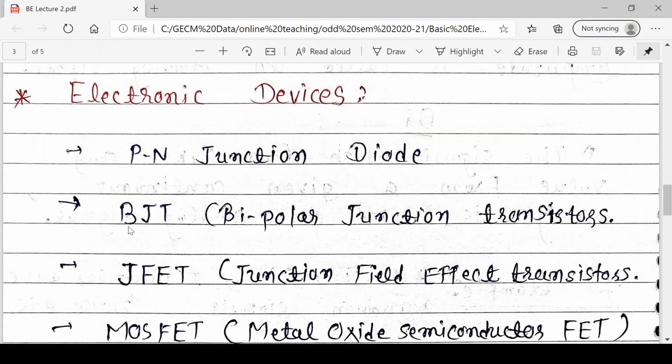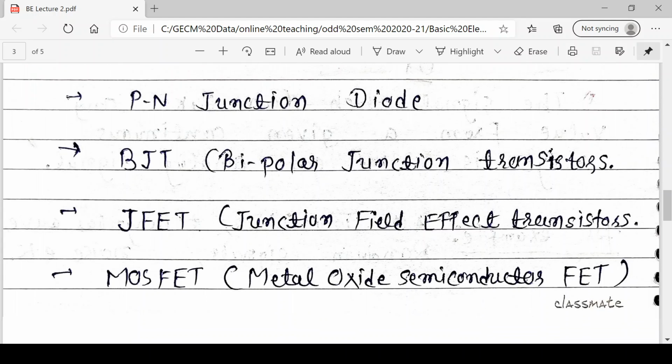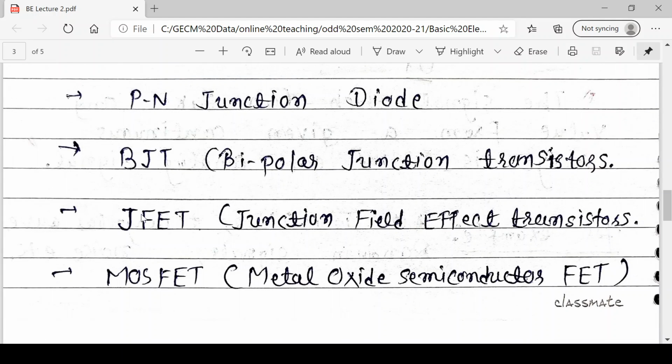Next is BJT, bipolar junction transistor. This is the same one which was devised by Bell Laboratory in 1947 and 48, as I told in the previous lecture. So that is called BJT or simple transistor. Then you can make the junction field effect transistor, JFET, which is different from BJT.